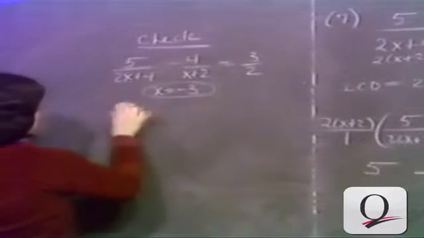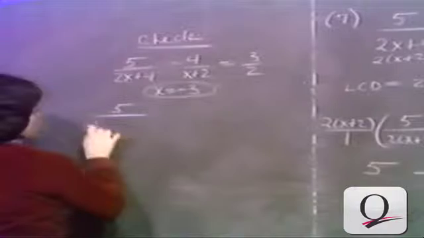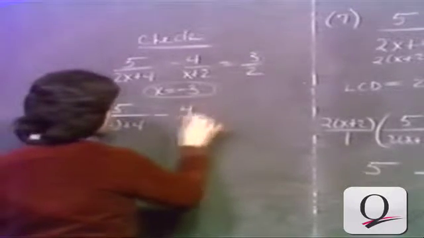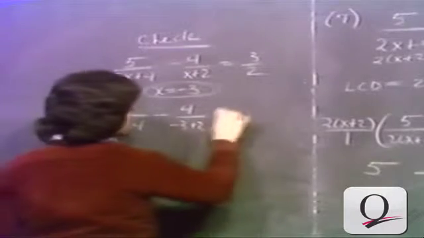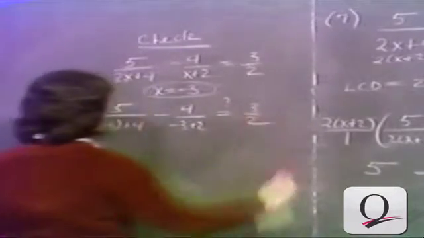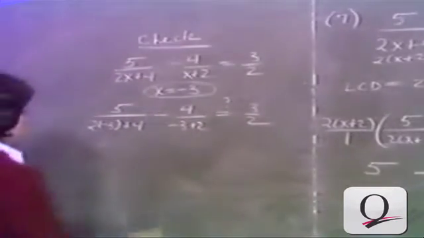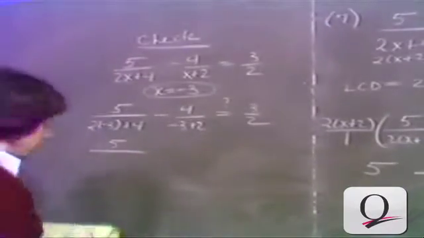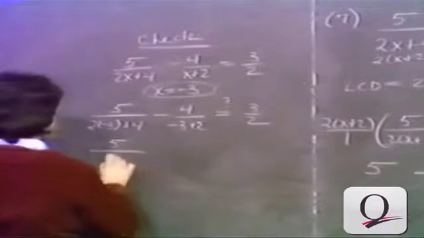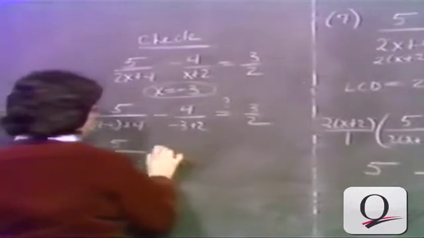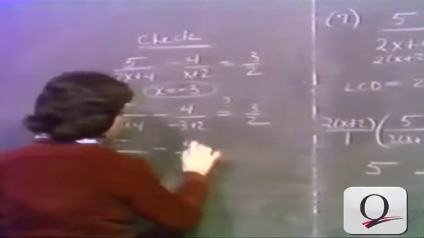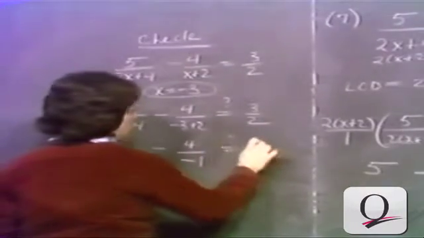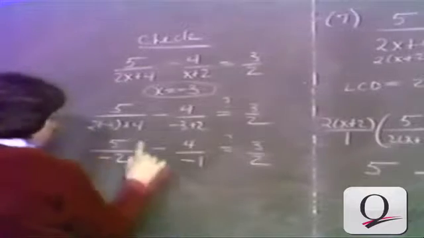So 5 over 2 times minus 3 plus 4 minus 4 over minus 3 plus 2 should be equal to 3 halves. We have here 5 over, now, minus 6 plus 4 is minus 2. Minus, now, 4 over minus 3 plus 2 is minus 1. Should be equal to 3 halves.